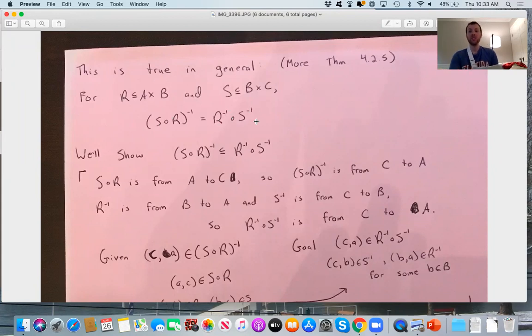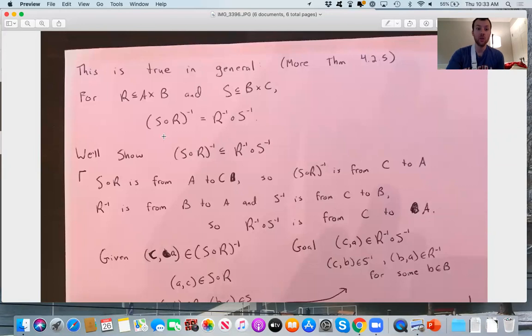So we saw a specific case of that happening in the last example, but in fact, it works for any relations at all, even if you can't write down the ordered pairs or make the picture. So what we'll focus on is just showing one of the directions.